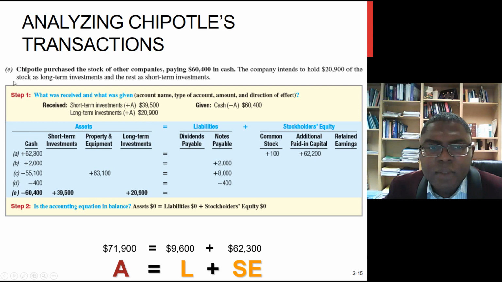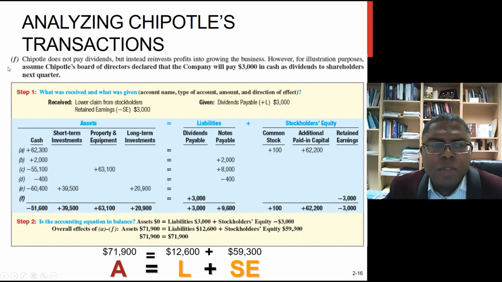So the three accounts affected by transaction E are the short-term investment, the long-term investment, and the cash account. If we bring everything onto the balance sheet, cash is reducing, short-term investment is increasing, long-term investment is increasing. When we sum this up, it is zero, and there is no change on the right side of the balance sheet equation. So the balance sheet equation balances.